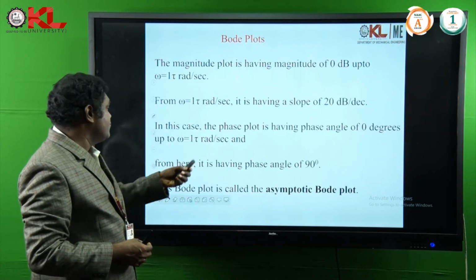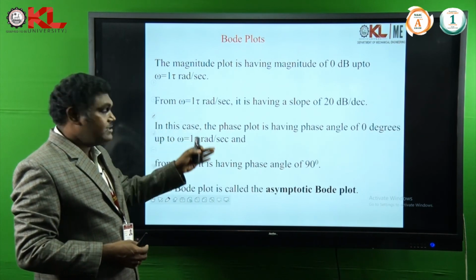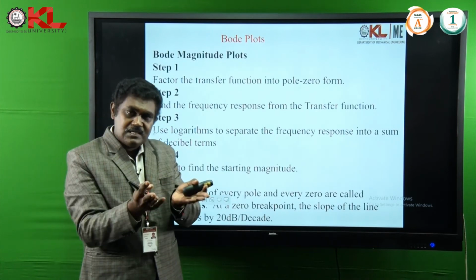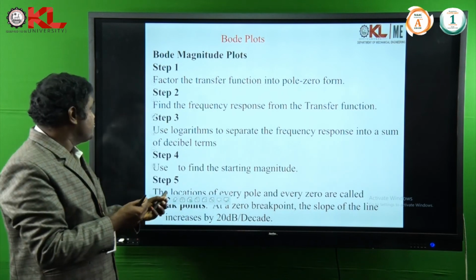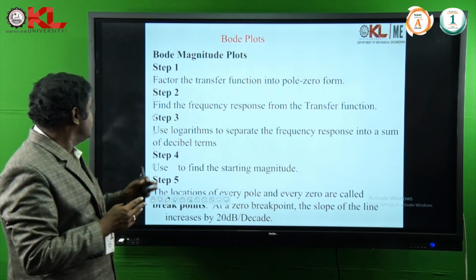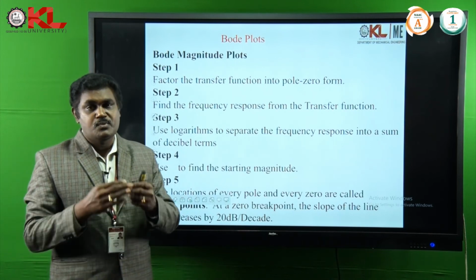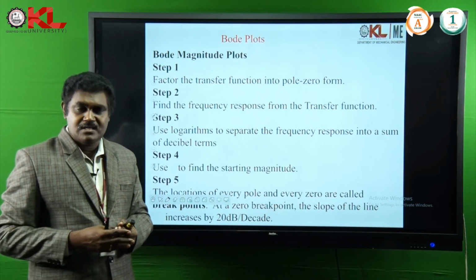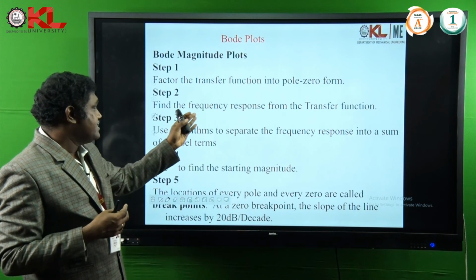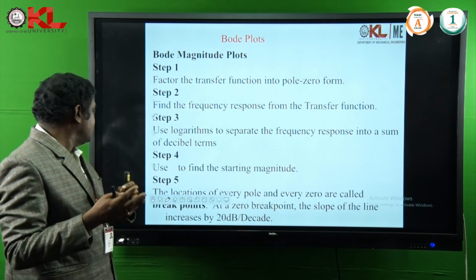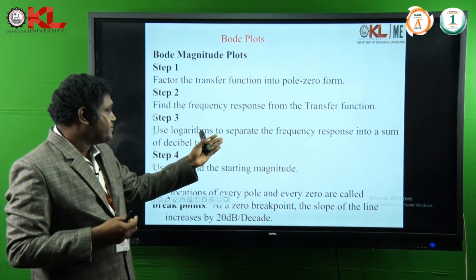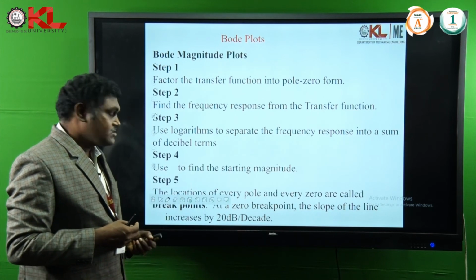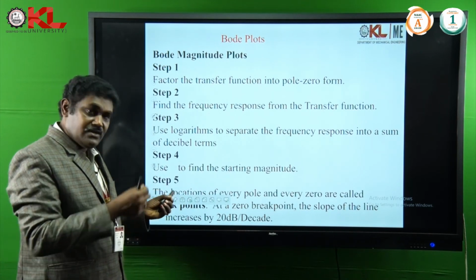So, this is the description of the plot, at different omega values, what the magnitude and the phase angle are. Whatever you have seen is how you construct the Bode plot, and it is a stepwise procedure. The first step is to factor the given transfer function into poles and zeros, that is, how many poles and how many zeros there are. Then find the frequency response of each factor, and use the logarithm to separate the frequency response into a sum of decibel terms, and find the starting magnitude.